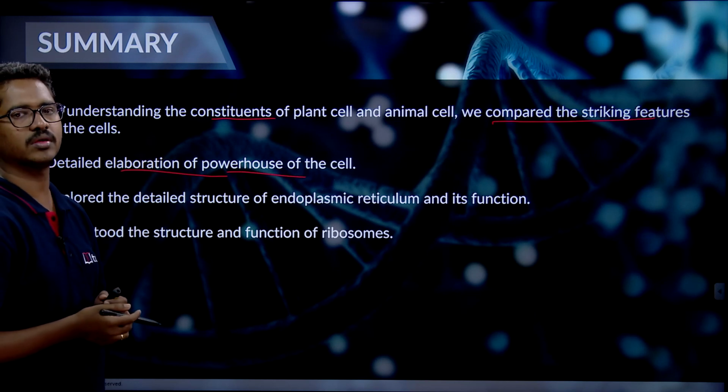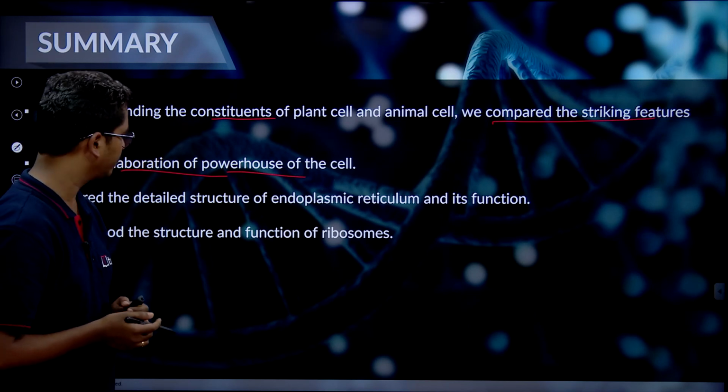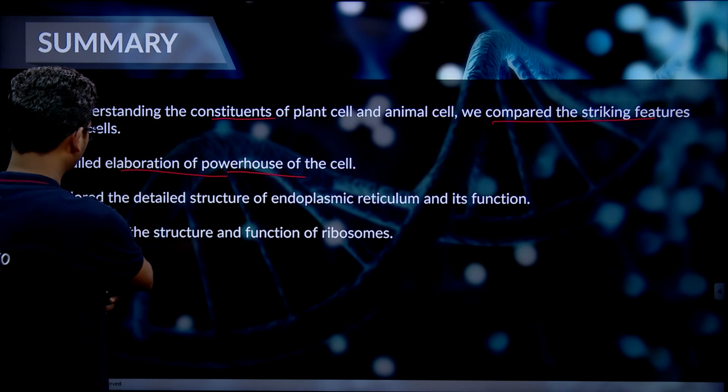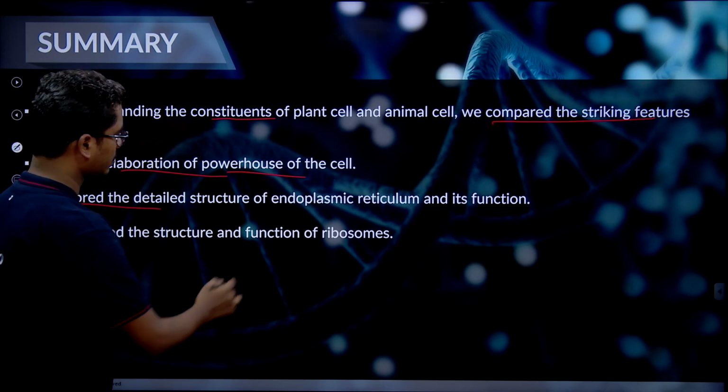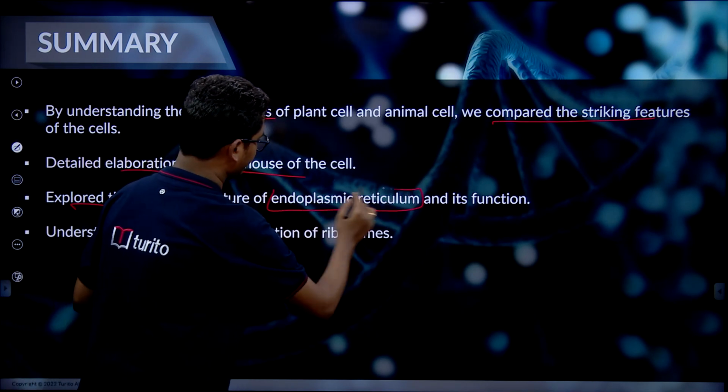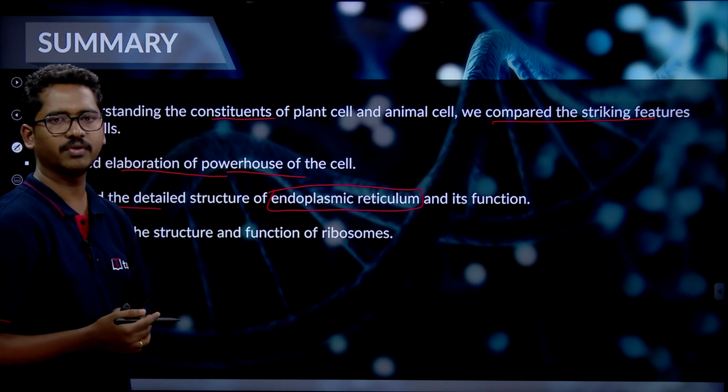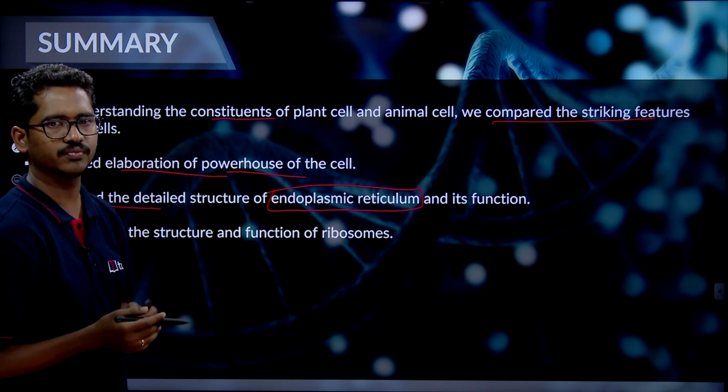Mitochondria are known as the powerhouses of the cell, and then we explored the detailed structure of the endoplasmic reticulum, and we understood its function, what it does for the cell.